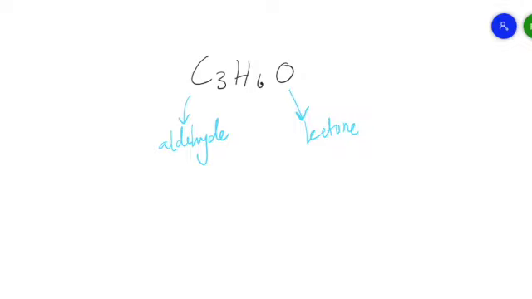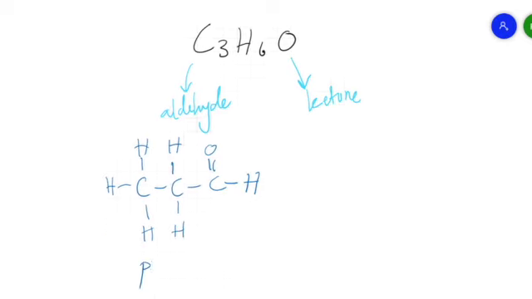So as an aldehyde, you would have 3 carbons in the main chain, and you'd have a double bonded oxygen and a hydrogen on the end. So if I draw the rest of the hydrogens in, this would be called propanal.